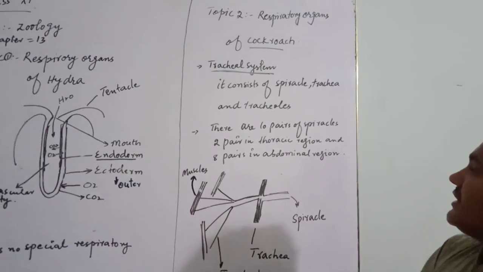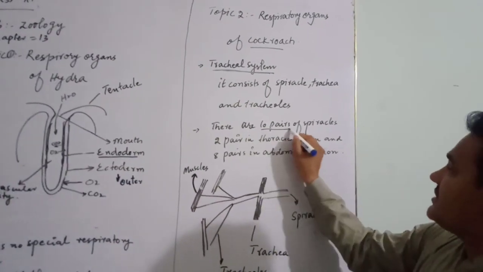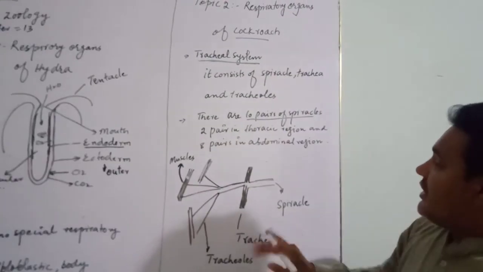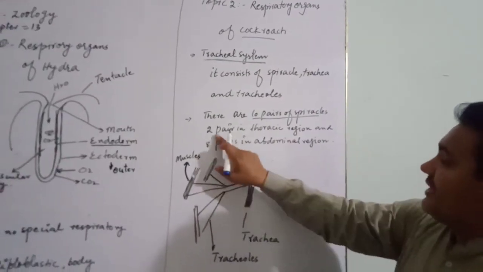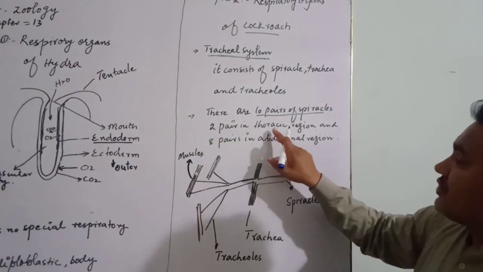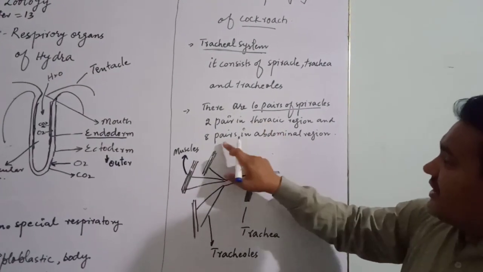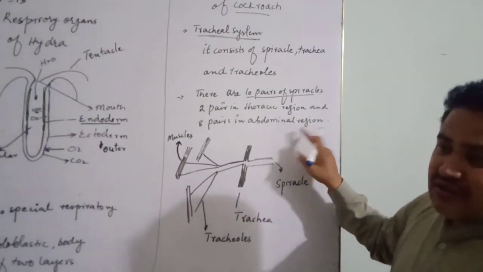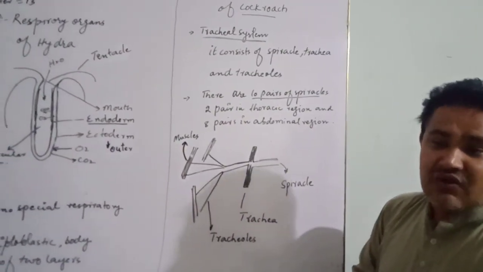Now, there are 10 pairs of spiracles present in the cockroach, and 2 pairs are present in the thoracic region, 8 pairs are present in the abdominal region. There are 3 regions of the insects.